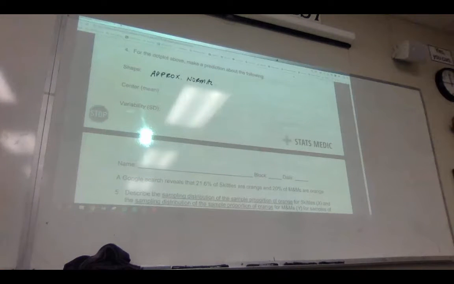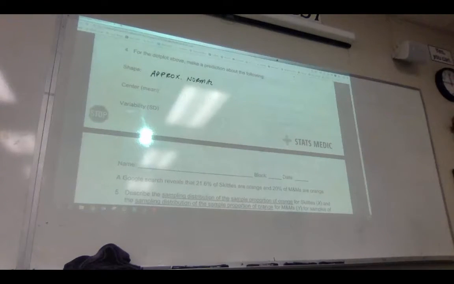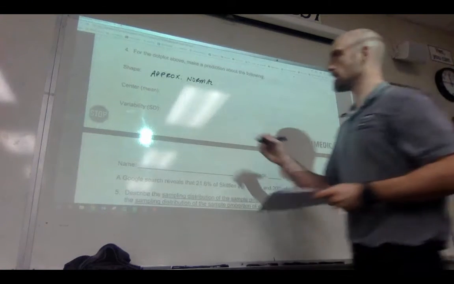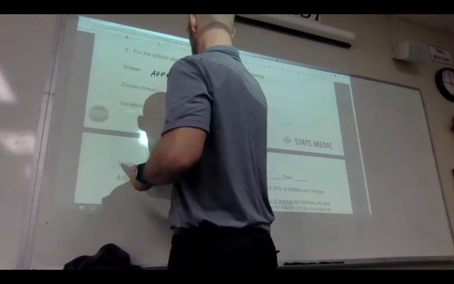What is the mean? Are you estimating? Estimated. Can't you do max minus min divided by 2? Negative .05. You're estimating it. The median is negative 0.0 or something like that. So maybe we say negative 0.05.